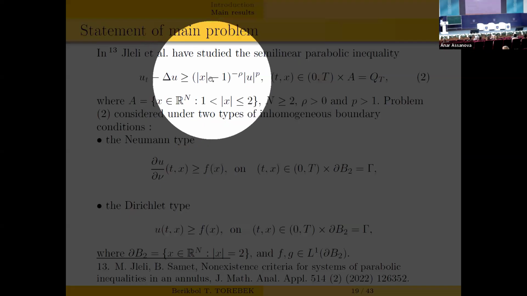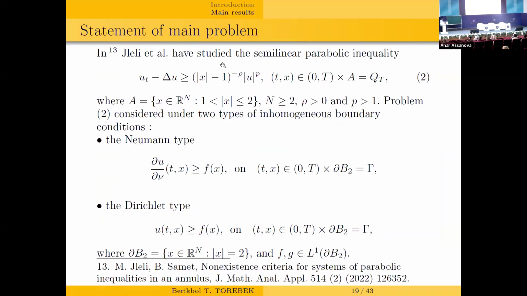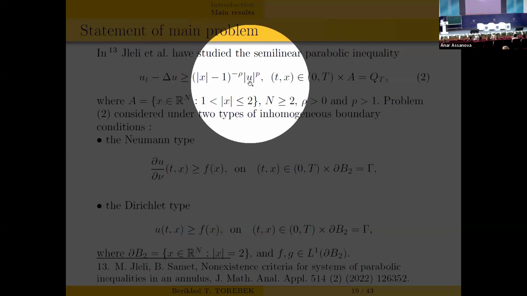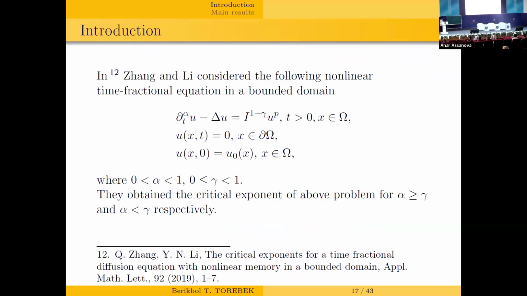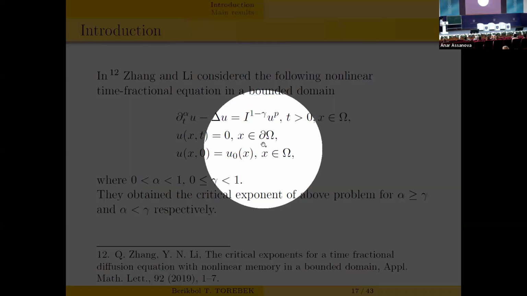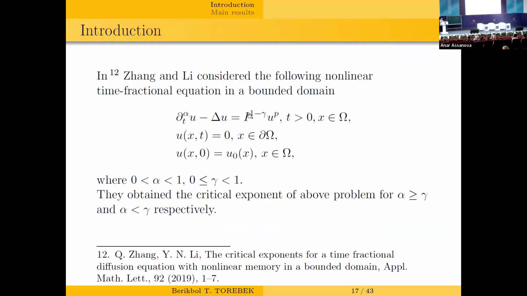We can change this term. Also, we can put here some non-local term like this, and in this case, it also gives some effect to the critical exponent. And in this direction, there are a lot of interesting problems, and a lot of people from different countries investigated this direction.